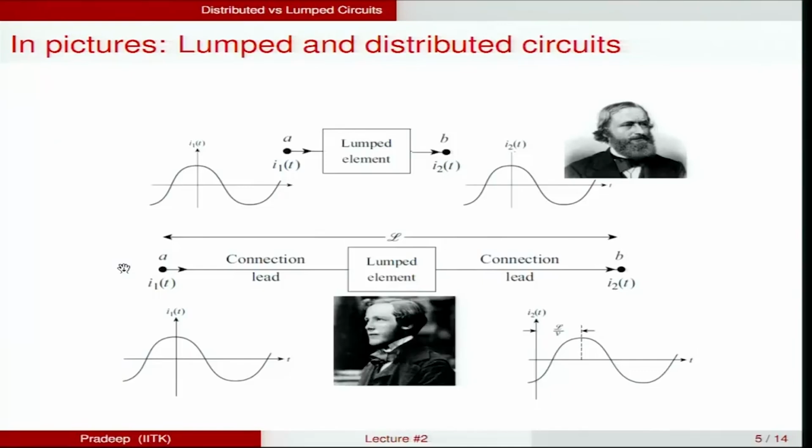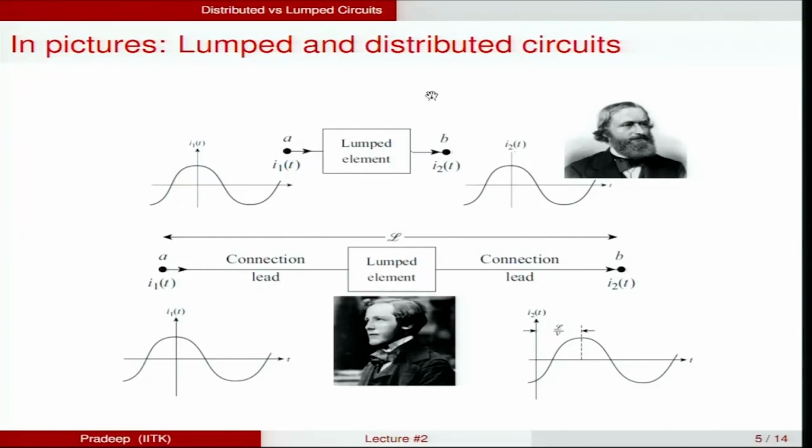To bring out the difference between a lumped element and a circuit element, let us look at this picture. Okay, here you have a lumped element. A lumped element could be a resistor, a capacitor, or something else. In this case you might assume that this is a resistor, and these wires from node A to the lumped element are the connecting lead here, and this is the second connecting lead.